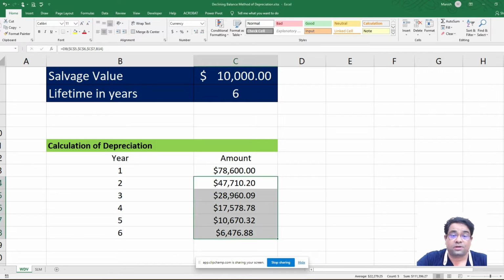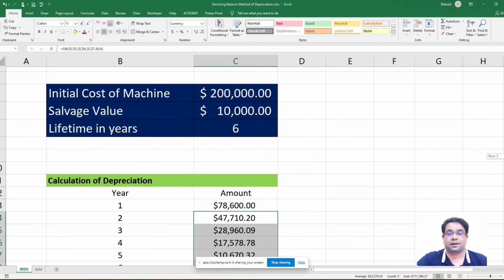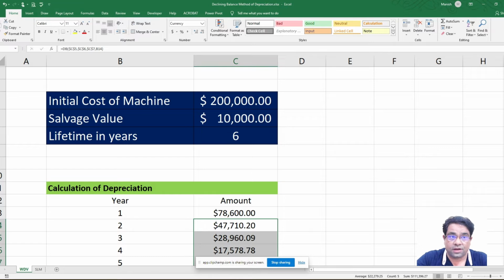Now this situation is applicable when we assume the machine is bought on the first date of the year, like 1st of January, where the accounting year runs from 1st January to 31st of December.